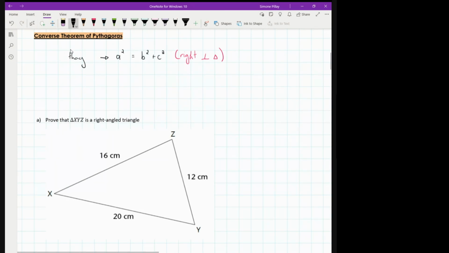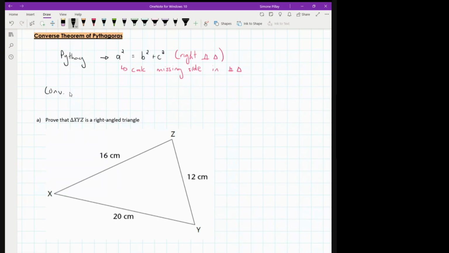So remember, we normally use this to calculate the missing length or missing side in a right angled triangle. Okay, that does not look like a triangle. It's difficult. We normally use Pythagoras to calculate the missing side in a right angled triangle. And now, what do we use the converse of Pythagoras for?